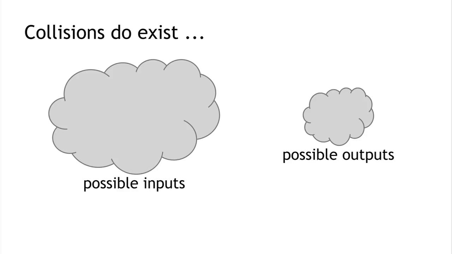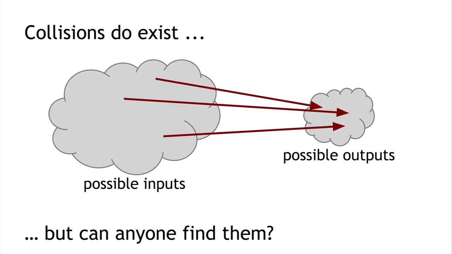So on the right-hand side, the outputs, there are only 2 to the 256 possibilities. Over here, there are more possibilities. And so if every point on the left is going to be mapped by an arrow to some point on the right, you can see that as you go from all the points on the left into the right, it has to get crowded. And in fact, there have to be multiple values on the left that map to the same output over here.